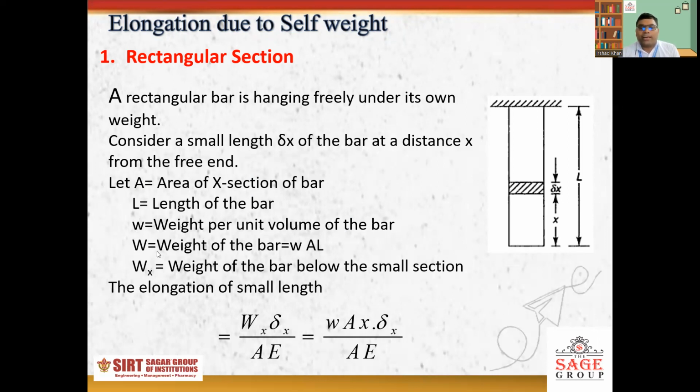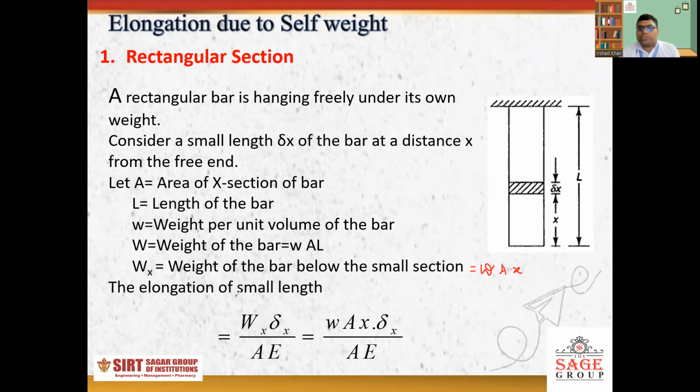The weight of the bar is denoted by capital W, which equals w A L, and Wx is the weight of the bar below the small section. It can also be written as small w into the cross-sectional area, which is the same for the whole bar, and the length x. So we can write Wx = w A x.